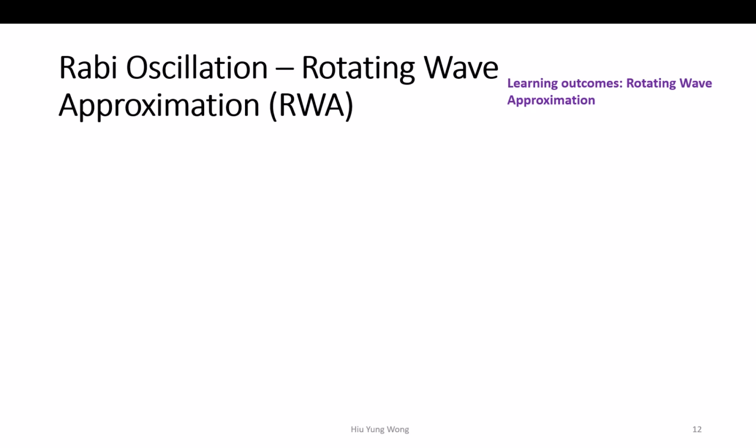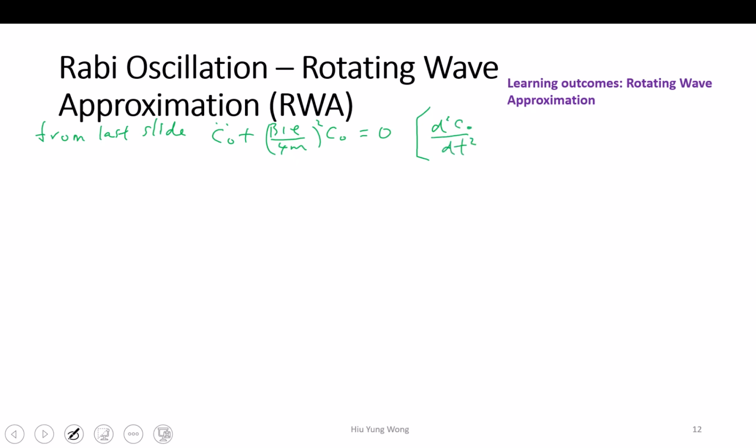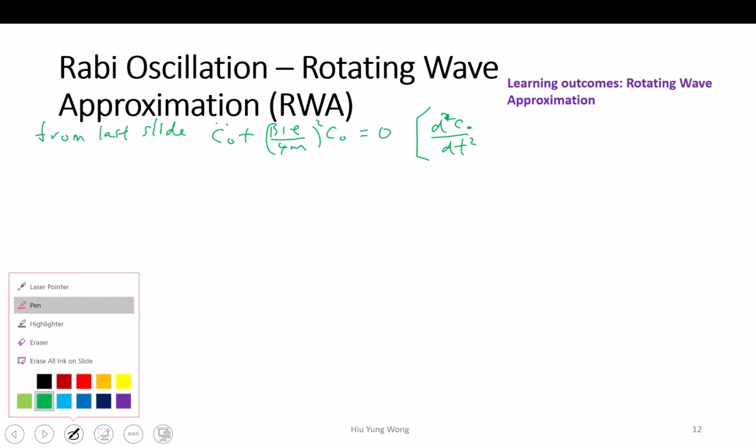The equation to solve, from the last slide, is C0 dot dot plus, I just move it to the left, (B1E divided by 4m) squared, C0 equals 0. If you're not familiar, dot dot means d squared C0 dt squared, the second derivative.